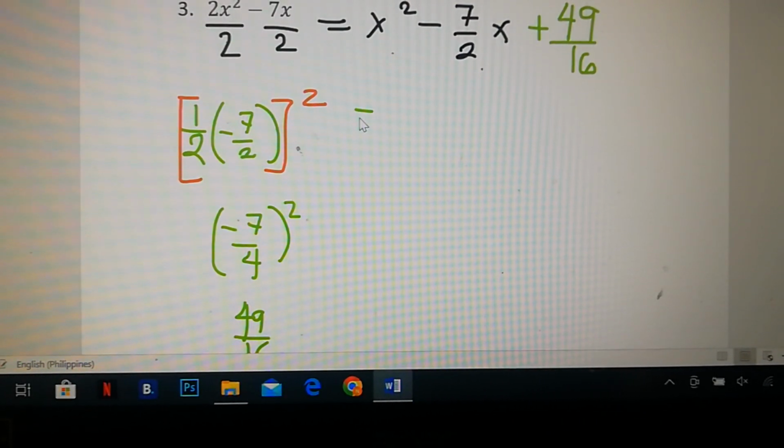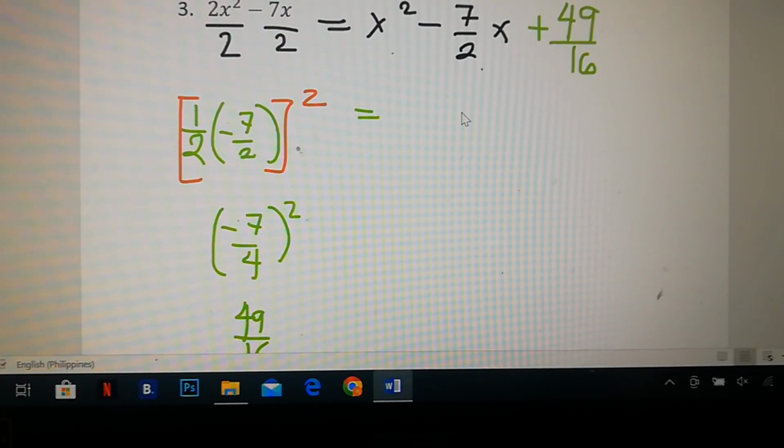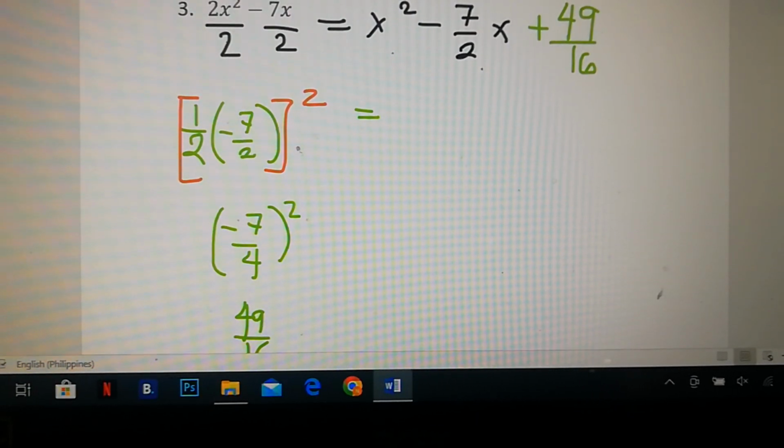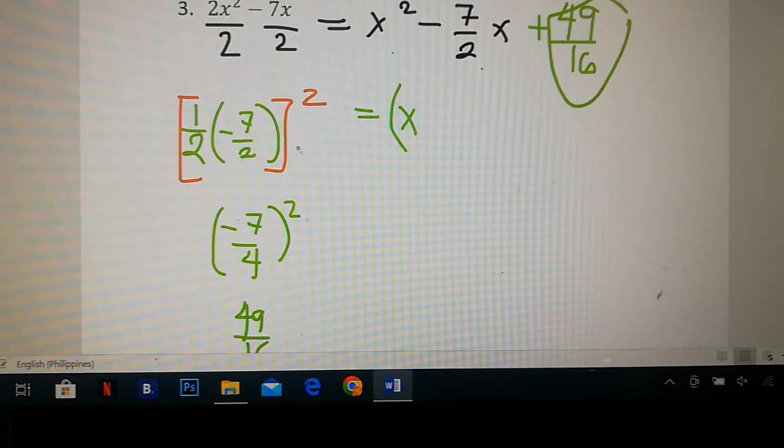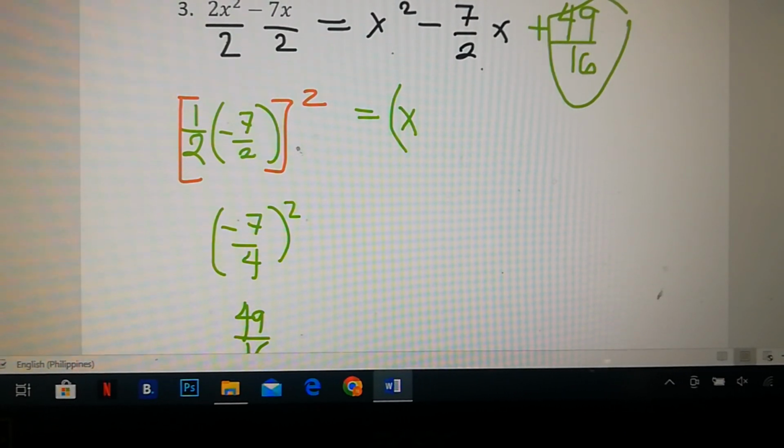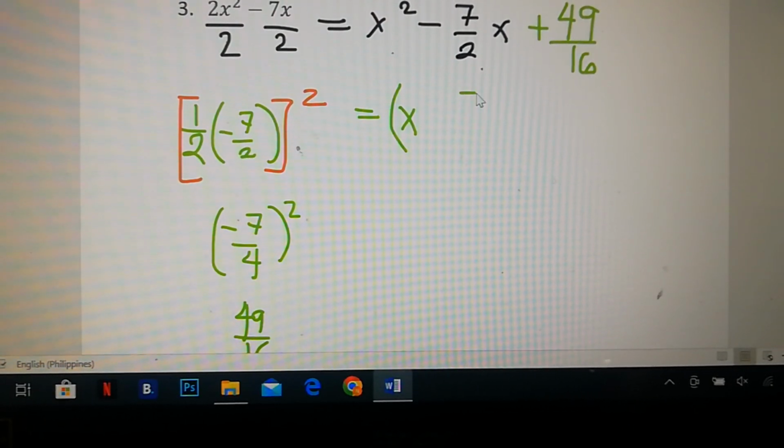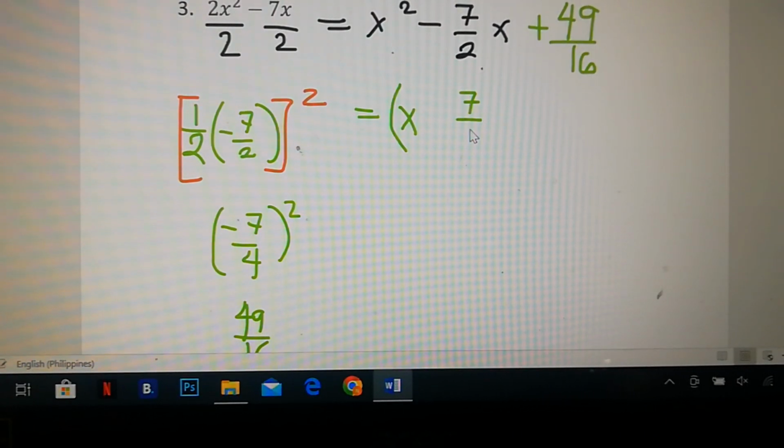Then factor the resulting trinomial. The square root of x squared is x, and the square root of 49 over 16 is 7 over 4.